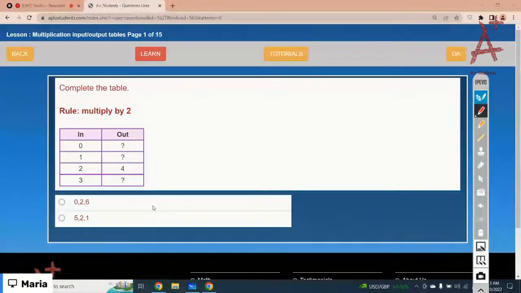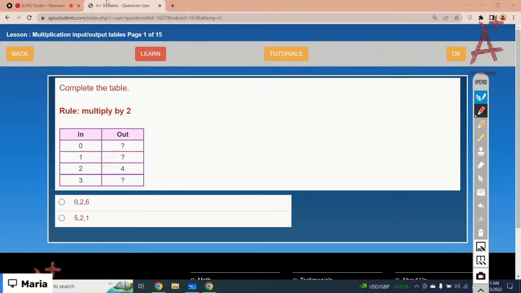I think the page is stuck. Yes, the Chrome is actually.